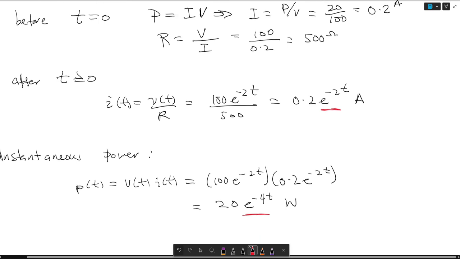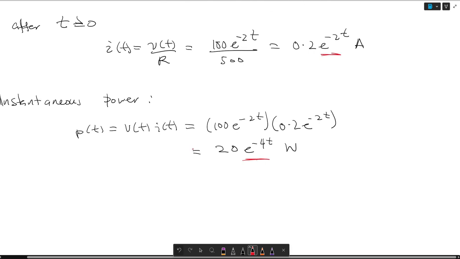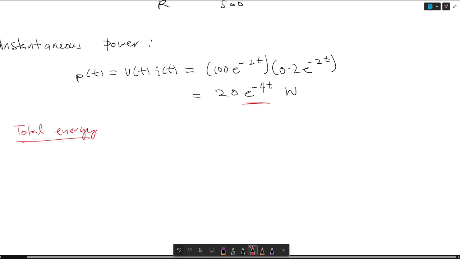And the total energy dissipated in the resistor after engaging the switch is obtained by integrating this value. So essentially the total energy, and we're going to dive more into this, but for now, the total energy W equals the integration from time equals 0 to time equals infinity of p(t) dt, which again is from calculus 1 and 2.